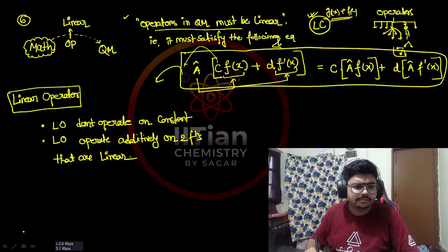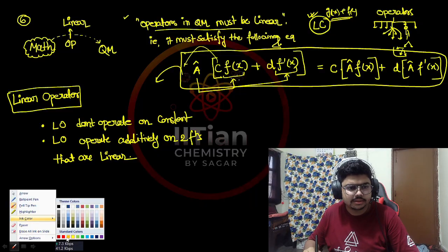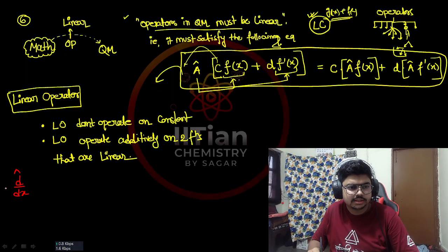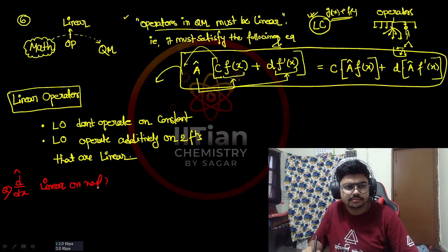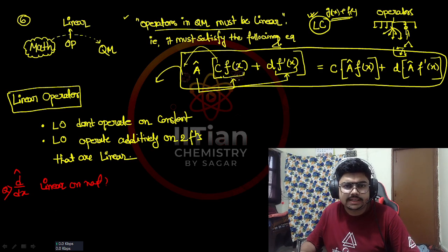For example, let's check whether the d/dx operator is linear or not. Let's take a random function of this type.